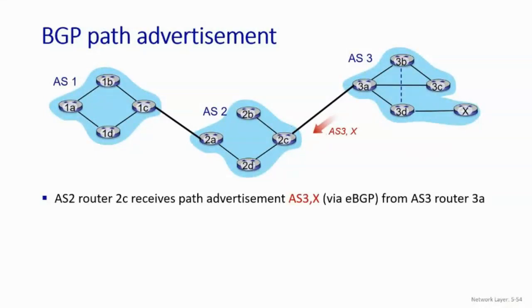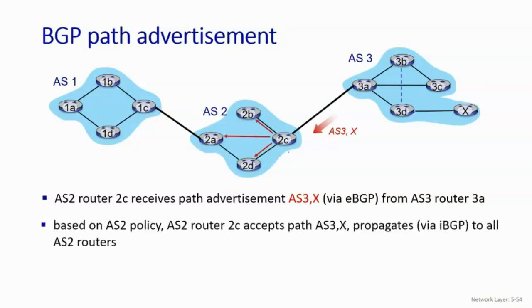That means it advertises the route to reach X through this message. Then after receiving this message, 2C knows the way to reach X. So that information is transmitted to all other routers by using the internal routing protocol, the OSPF routing protocol, and that message is an iBGP message.